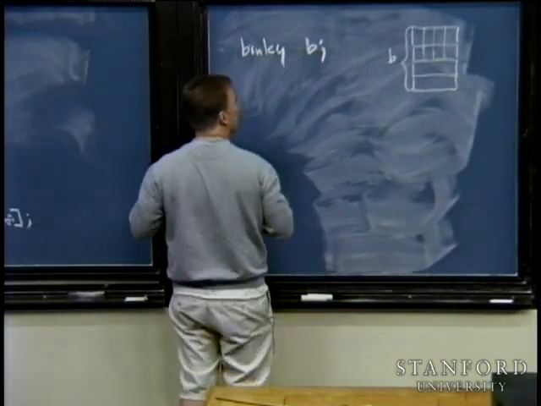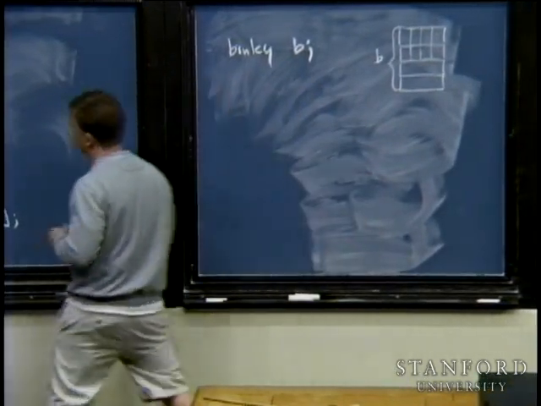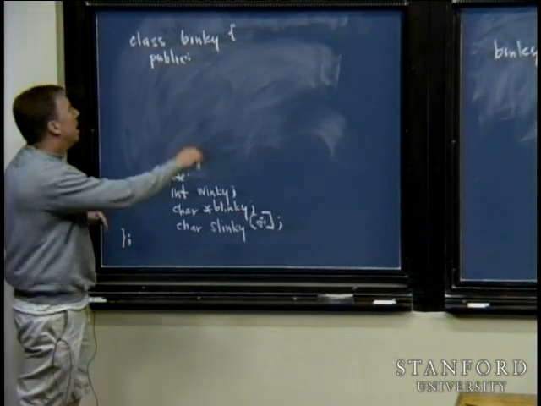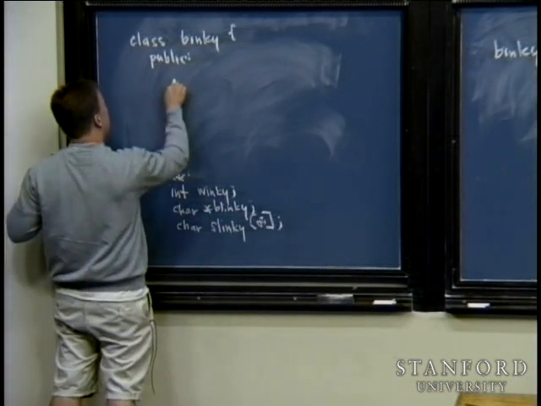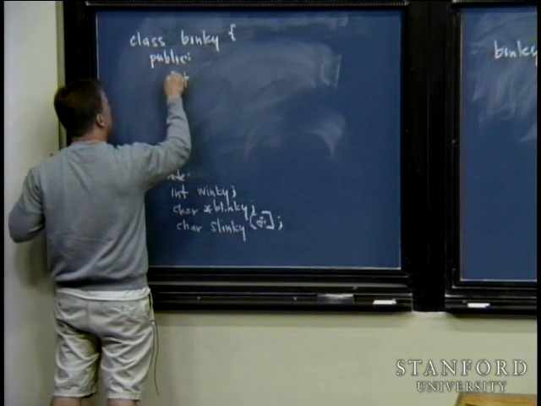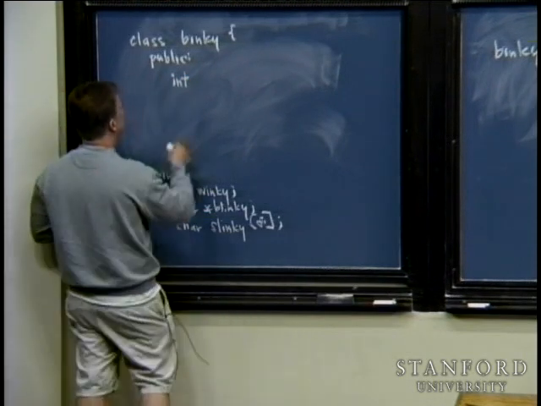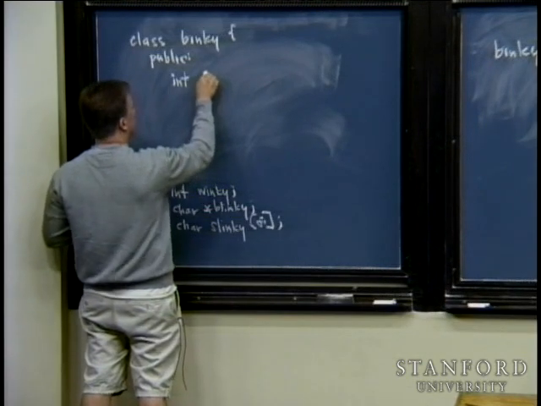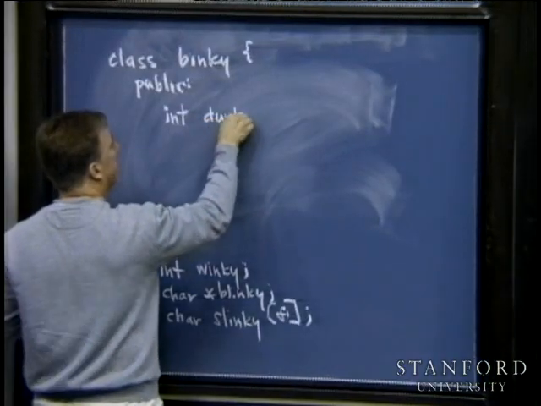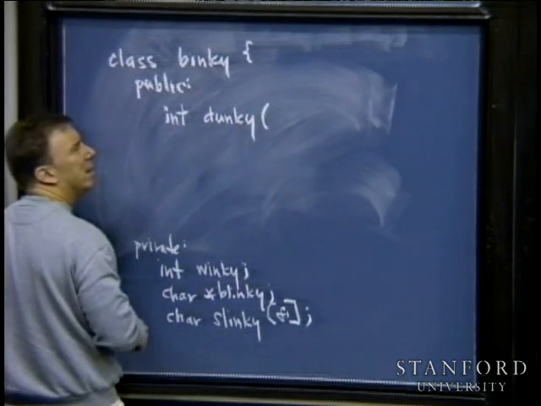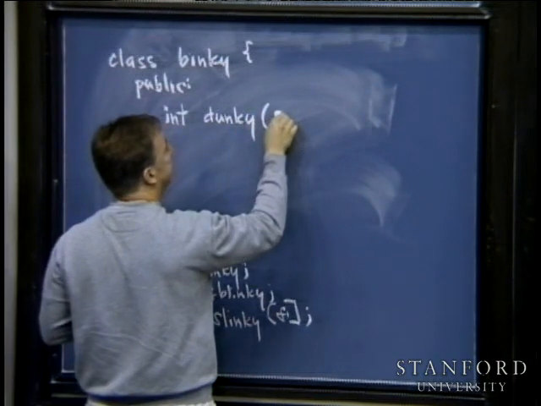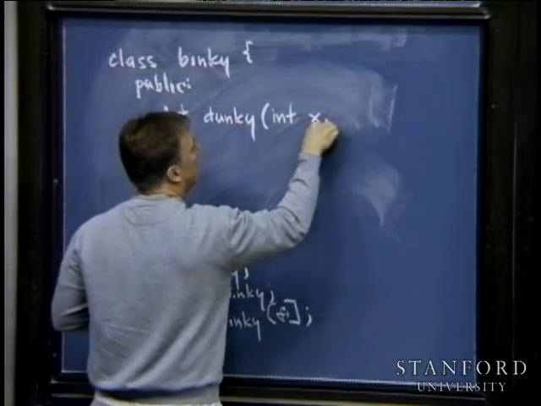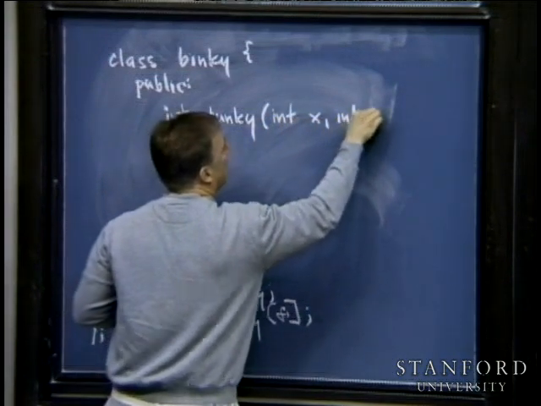When you do something like this, forget about constructors, let's just invent a method right here. Let's assume that I have this method, int, and some other thing, donkey, where I pass in just an int x and an int y.